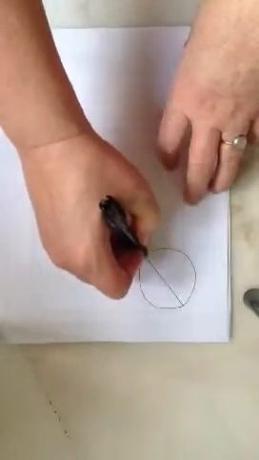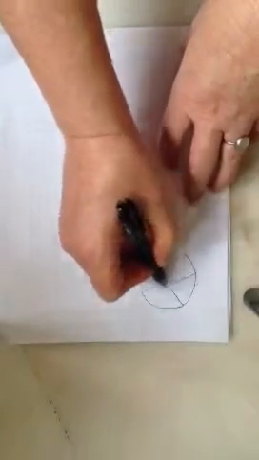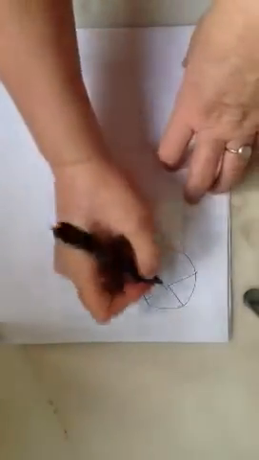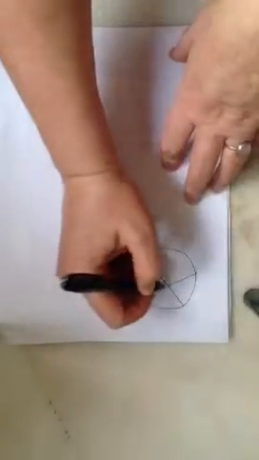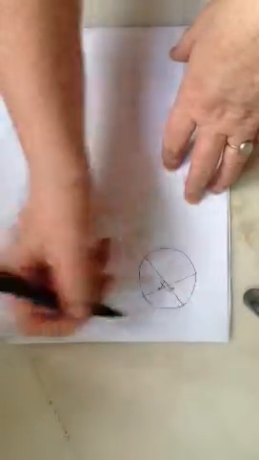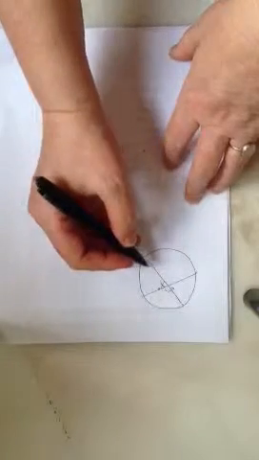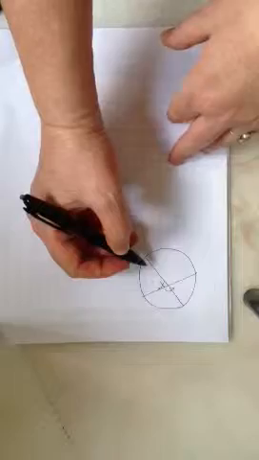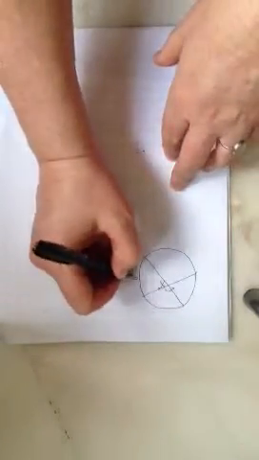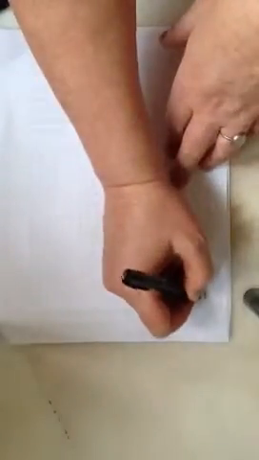So let me remind you what happens when we have two lines that intersect in a circle, and we want to find, say, the measure of that angle. We would know that these two angles were the same, and what we would do is measure what we call the intercepted arc on both sides. Let's say that this is 90 degrees and this is 80 degrees.